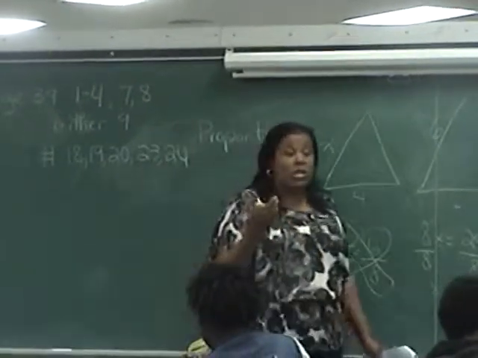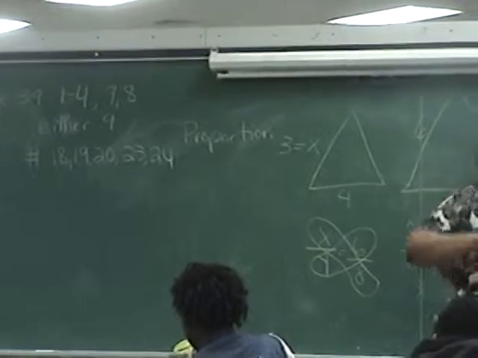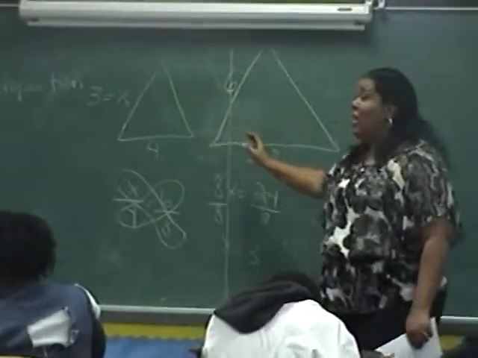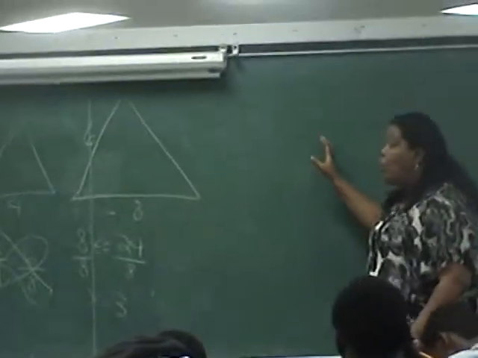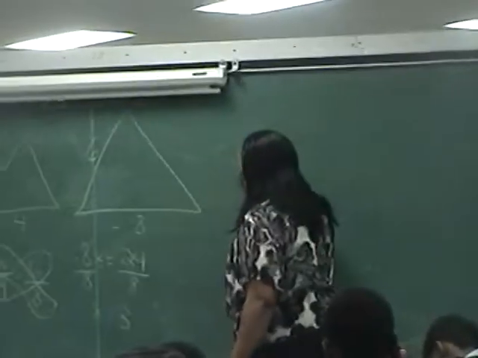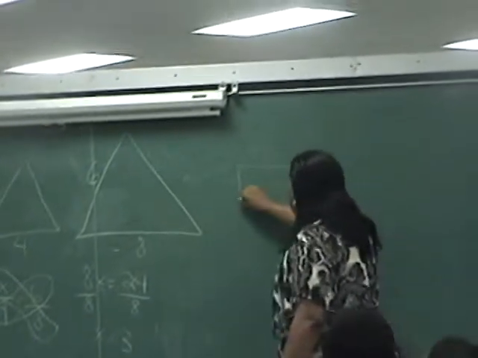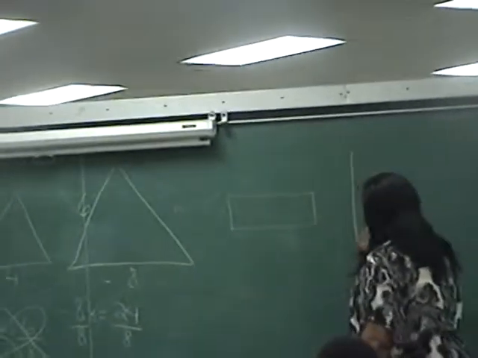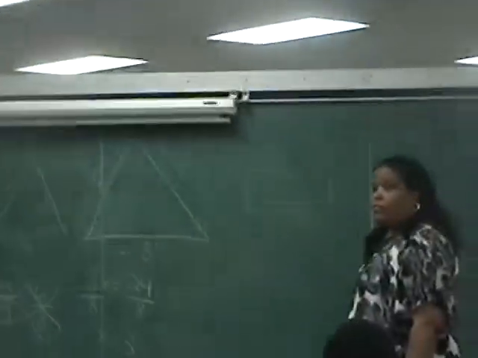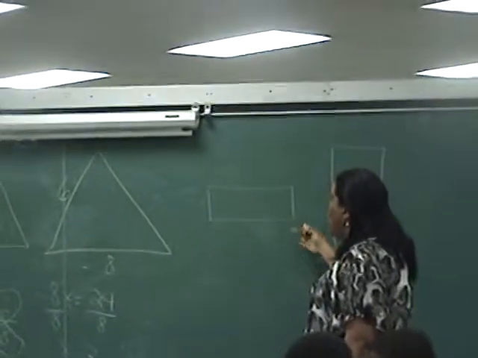Be careful also because they're going to turn the figures around, right? And they're not going to look perfect like this. So you're going to have to figure out which side would go with which side. For instance, what if they gave you this? How would you know what side is what?